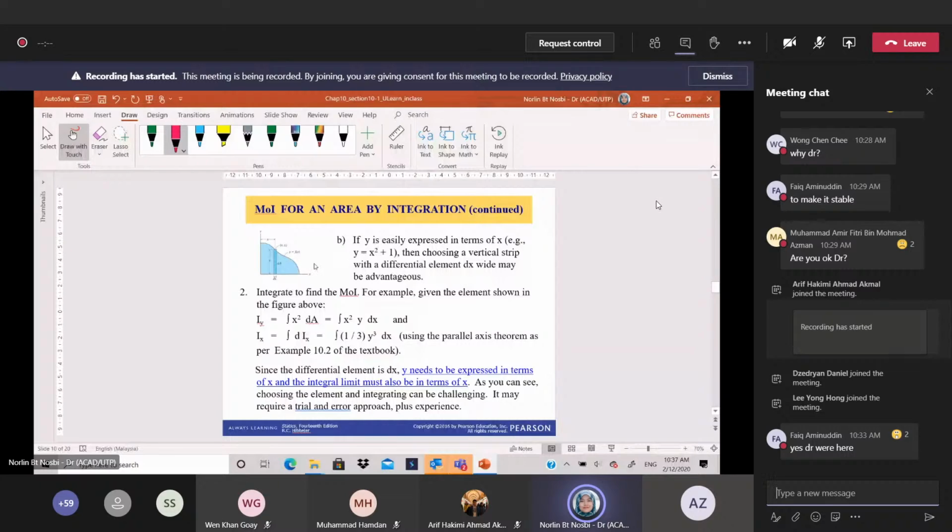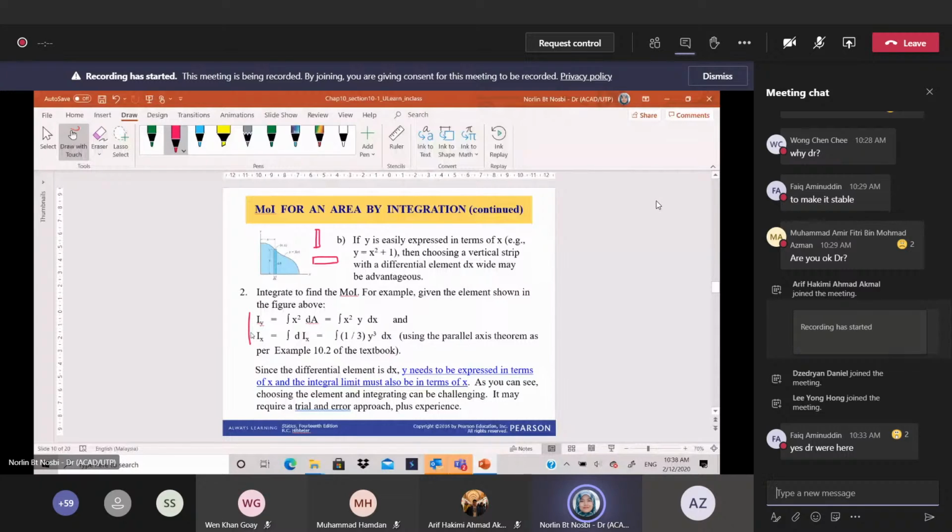If not, you have to use the other form, which is horizontal. And then you need to integrate using the formula.